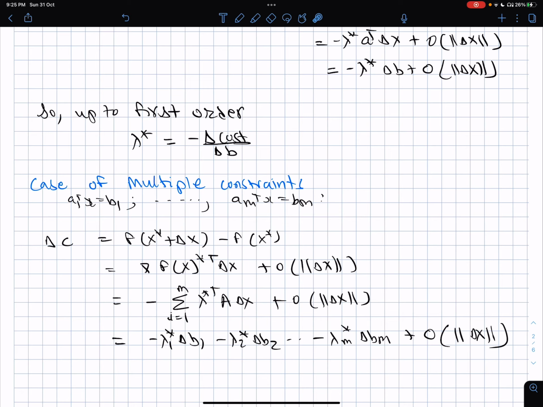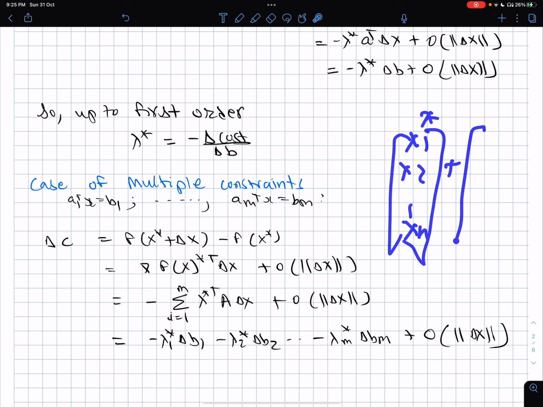Now this is disturbed by the delta b vector: delta b1, delta b2, up to delta bm. And therefore the x vector, x1, x2 to xn, the optimal x stars, are disturbed by delta x1, delta x2, up to delta xn.